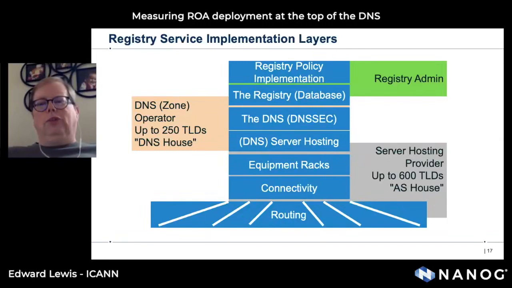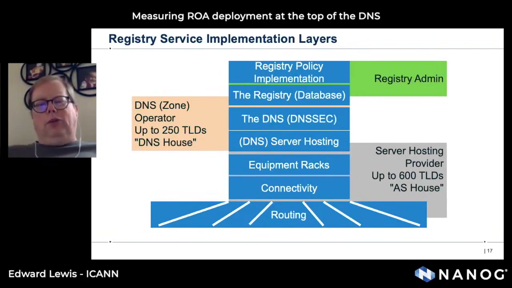And that's registry administration that takes care of that stuff. And there's the front end to a database. The registry database is something run by an organization, and it produces whatever mapping they want to do with the registry out there. The WHOIS data comes out of that. The RDAP data comes out of that. But the DNS is one of the products. The DNS and DNSSEC come out of that.